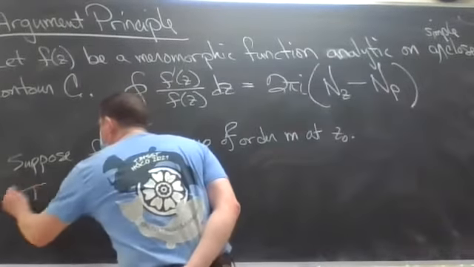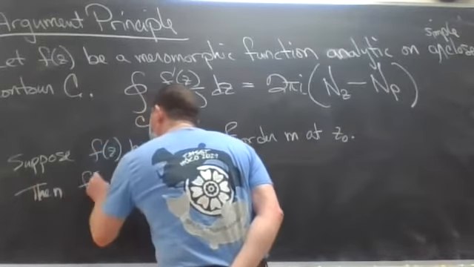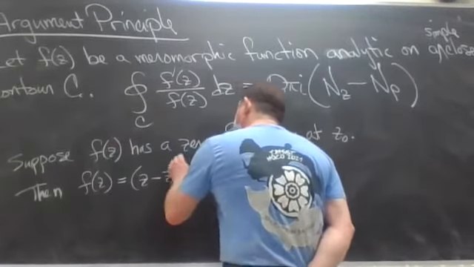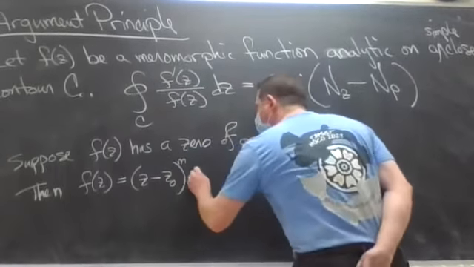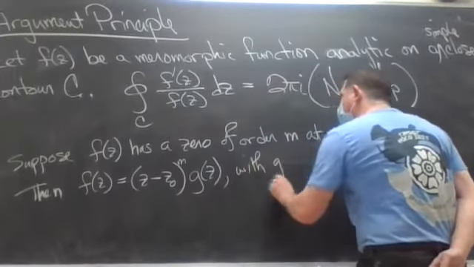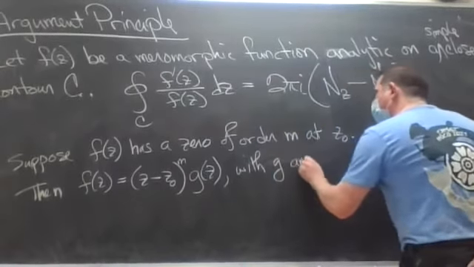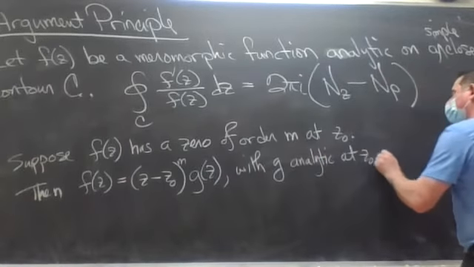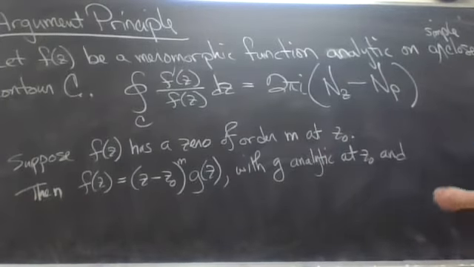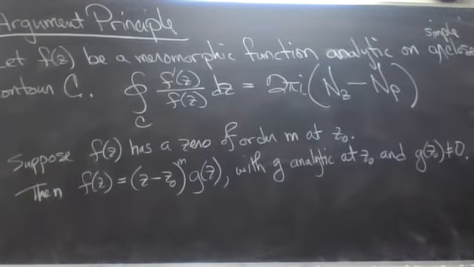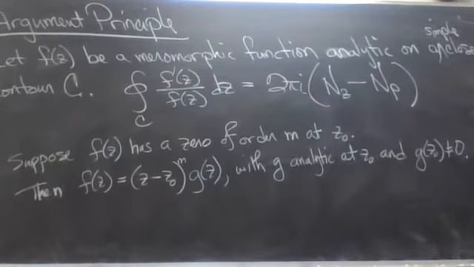So then f of z is equal to (z minus z naught) to the m times g of z, with g analytic at z naught and g of z naught not equal to 0. All right?